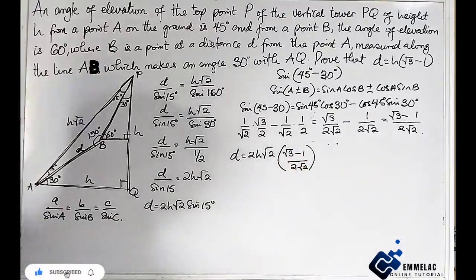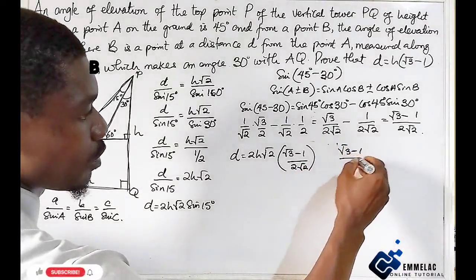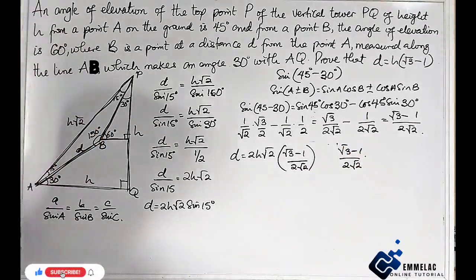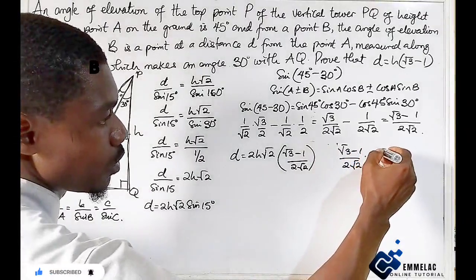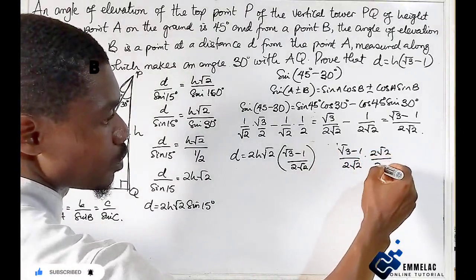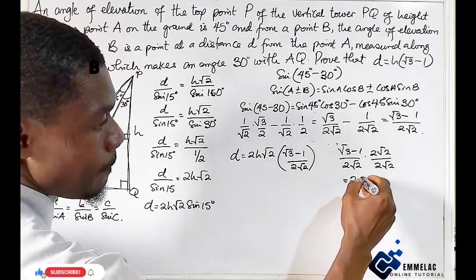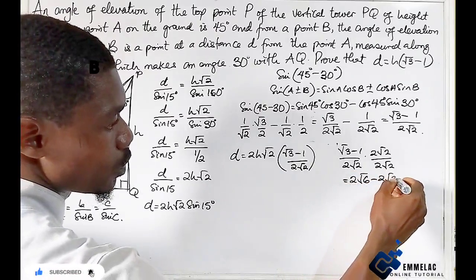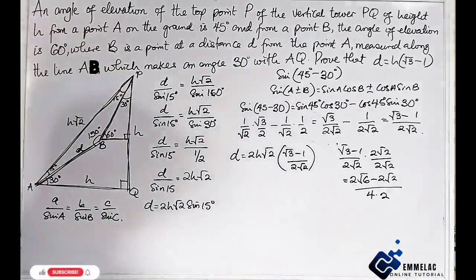But we'll probably need to rationalize here. Rationalizing root 3 minus 1 over 2 root 2 means we multiply the numerator and the denominator by the denominator, 2 root 2 over 2 root 2, and this will give us 2 root 6 minus 2 root 2 over 4 times 2.